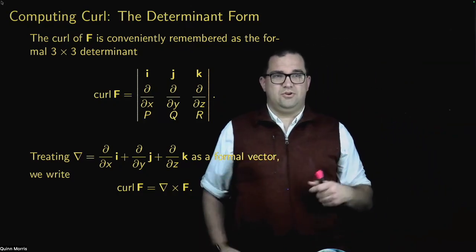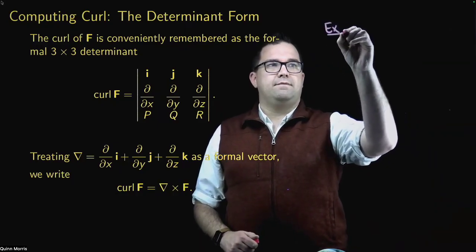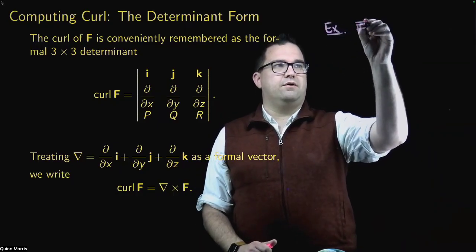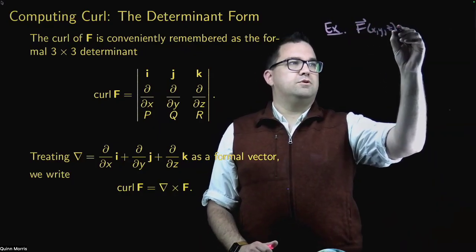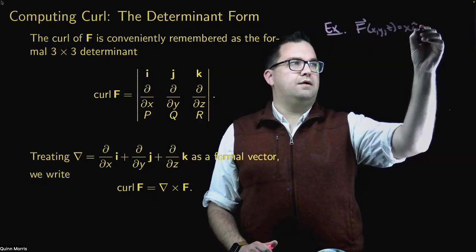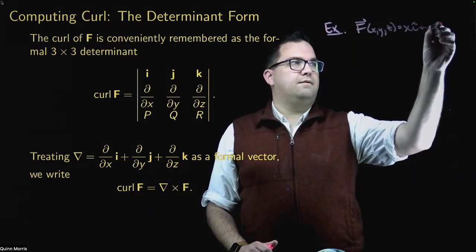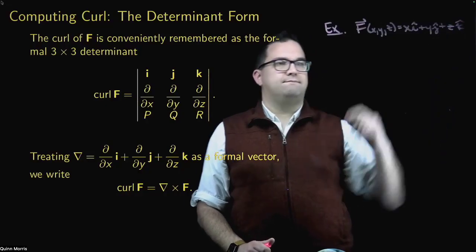It's really convenient if you wanted to calculate, just as an example, the curl of the vector field which is, say, this is one we looked at in a previous video, x i plus y j plus z k.